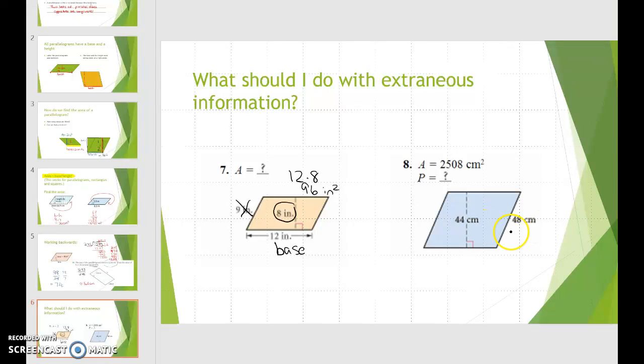Now, this is fascinating. It's actually true that none of this is extraneous. This is like a challenge problem. If you are not a challenge person, you wouldn't be expected to do both steps of this at the same time. We've got an area, we've got a height, and we've got an extraneous piece of information, or is it? Because if we do 2508 divided by 44, then we are going to get a number, and that number, oh, that's way too big.